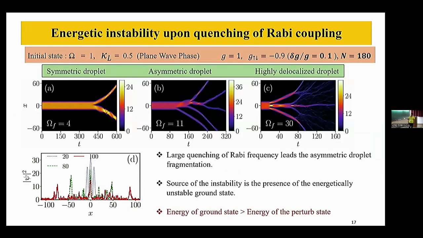With the Rabi coupling quench, several interesting features appear in the system. Here, we start with omega equal to 1, and then we quench it to final values of 4, 11, and 30. For 4, it remains stable up to this point, and then it breaks into two droplets that move in opposite directions. And for this one, we get different branches of the quantum droplet.